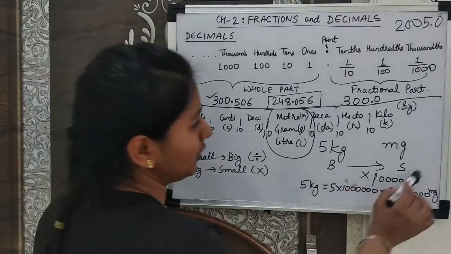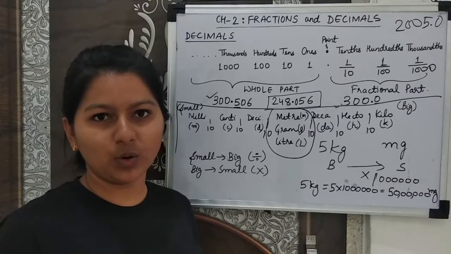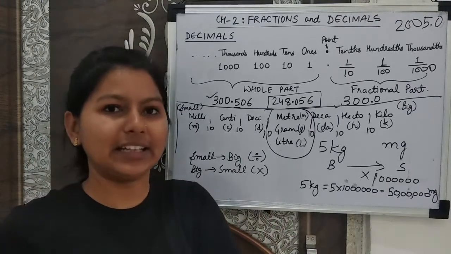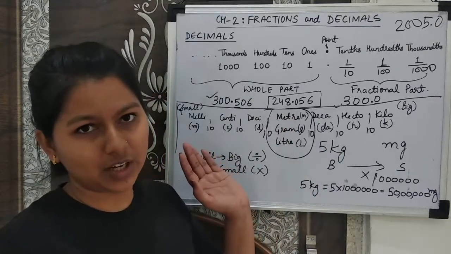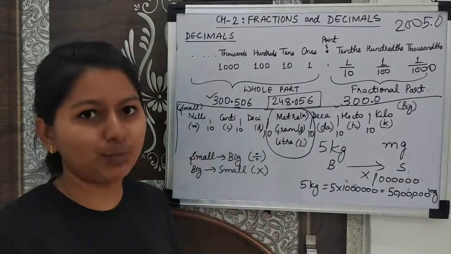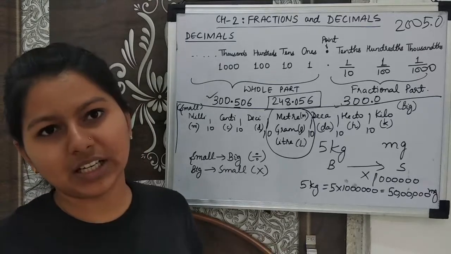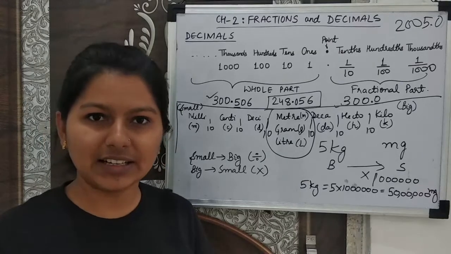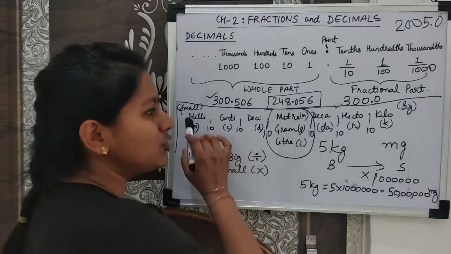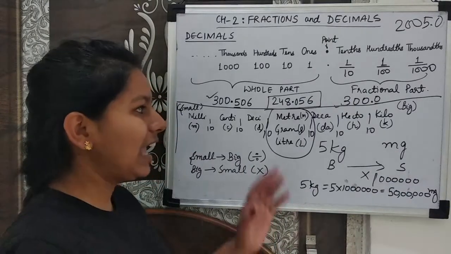This unit conversion will be used forever in your life, whether you are going to class 8, 9, 10, 11, 12, everywhere you have to use it, because in word problems definitely there will be a question to give the final answer in meter, or hectometer, or decameter. So for that purpose you should know this basic technique of converting any unit.